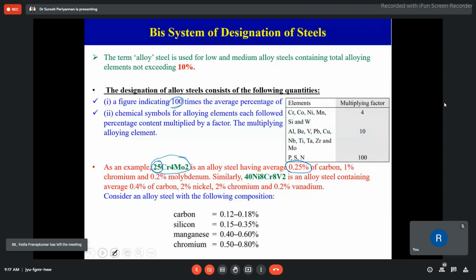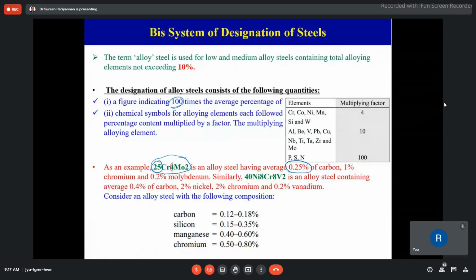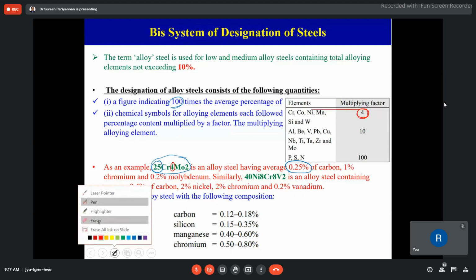Cr4 is given, and this 4 is divided by 4 because the multiplying factor is 4. That is the chromium percentage: 1% chromium.